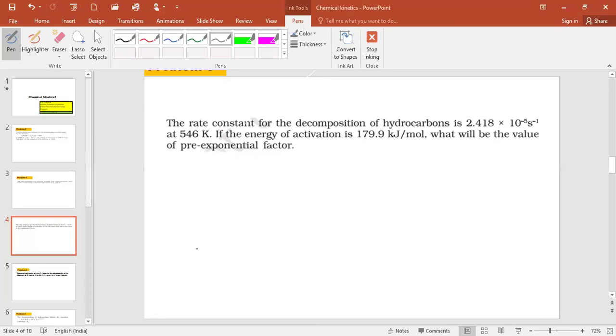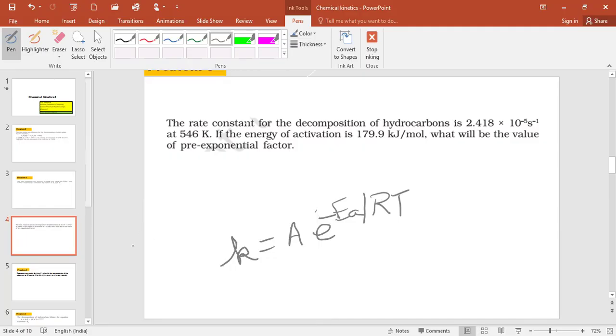So what is the Arrhenius equation? K is equal to A e power minus Ea by RT. K is given.